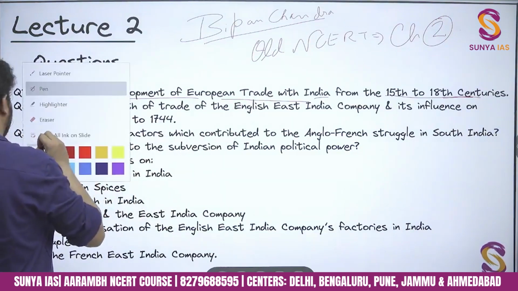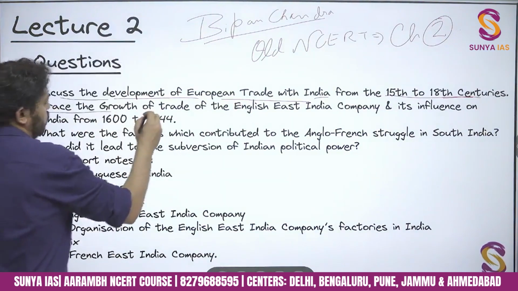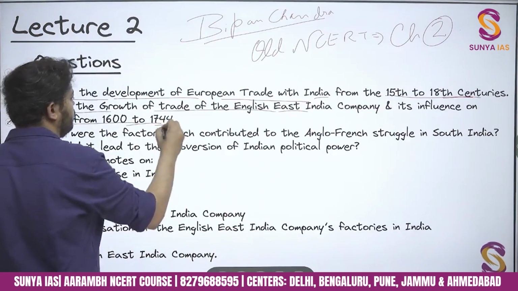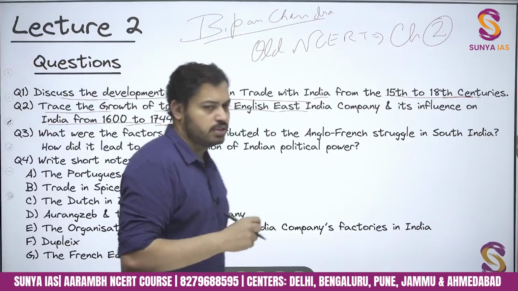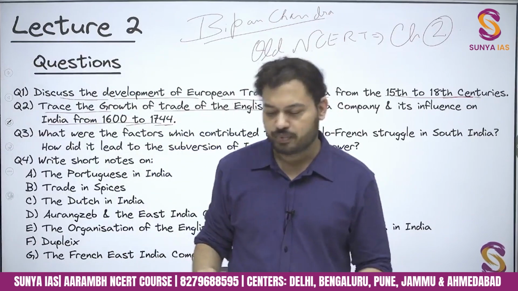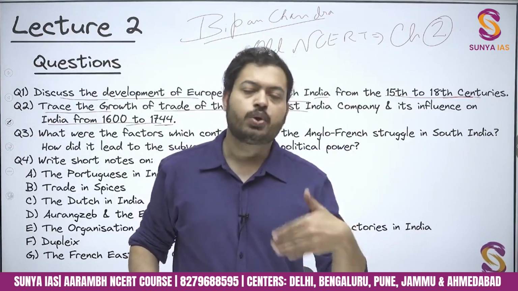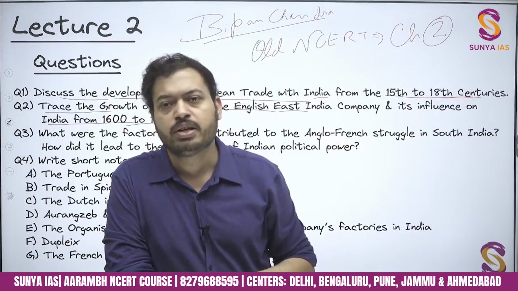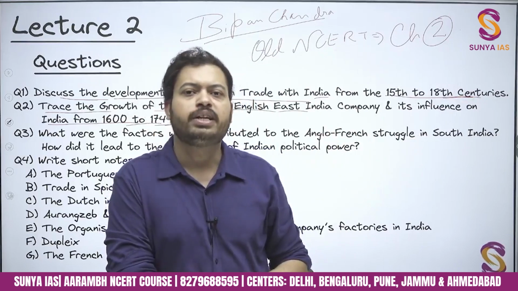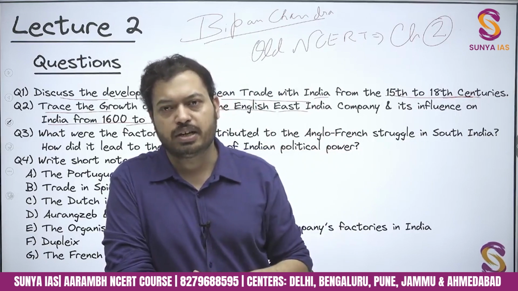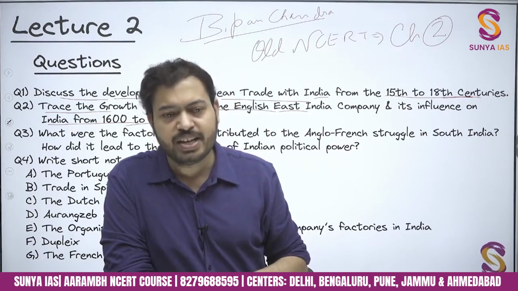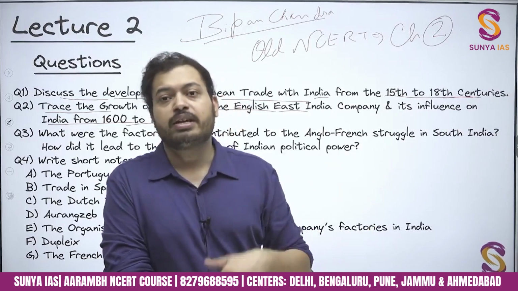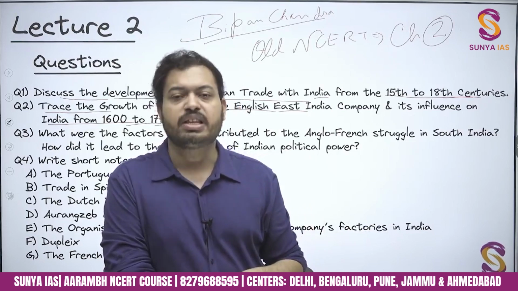Now the next question is: trace the growth of trade of the English East India Company and its influence in India from 1600 to 1744. For this, you will write how in the first quarter of the 17th century, that is 1600 to 1625, the English East India Company found it immensely difficult to establish even a single factory in the Indian subcontinent. Then from 1625 onwards, they were not only allowed to establish factories but also to trade.